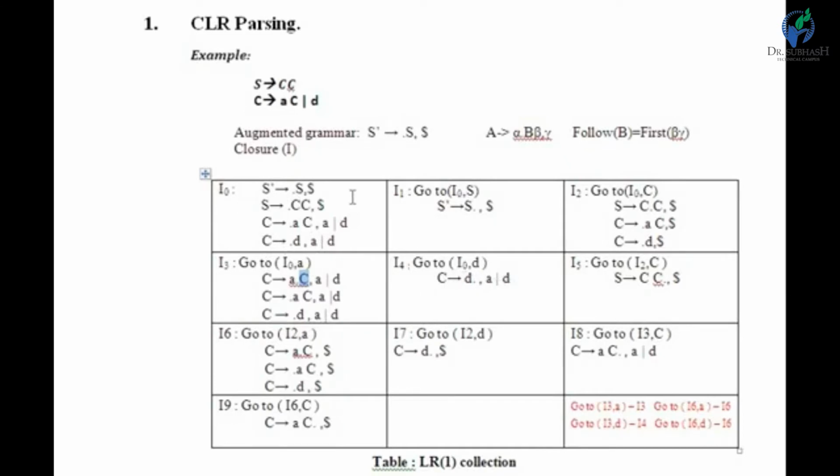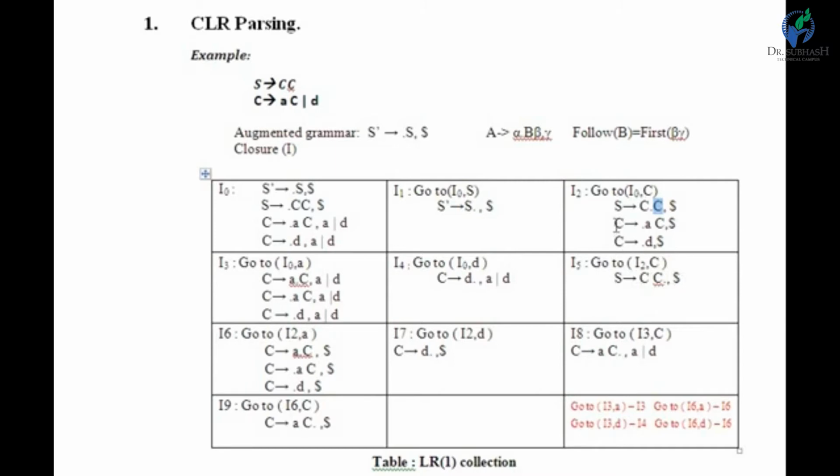Now this production is complete, and I1 is already completed. Next is goto of I2 on C, which gives S gives C C dot, comma dollar.